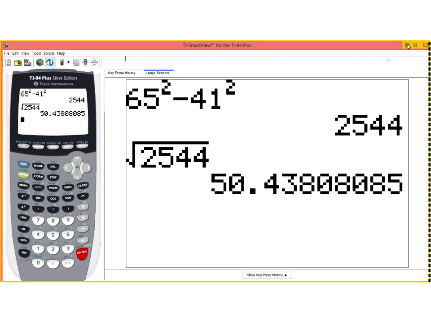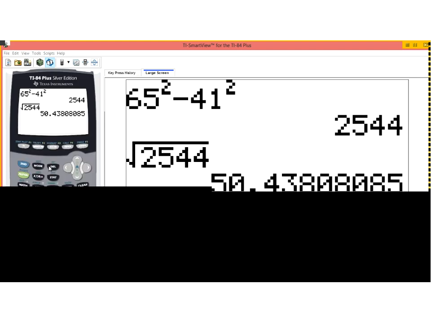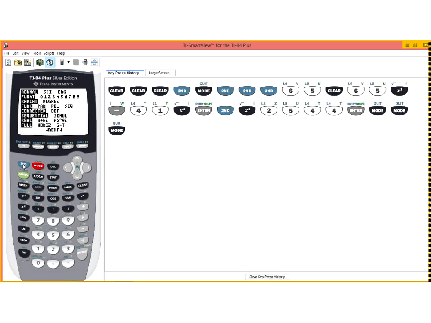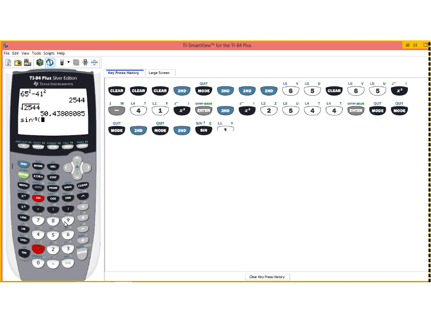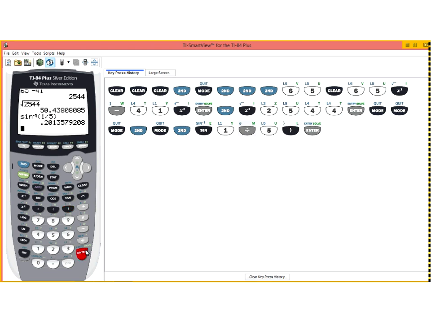So now, going to my calculator, let's look at the mode. I'm in radians, so that's fine. So inverse sine of 1/5 is 0.2014.